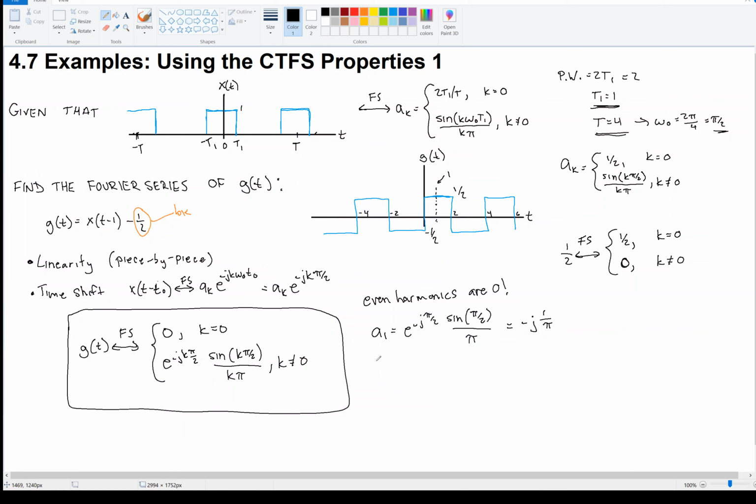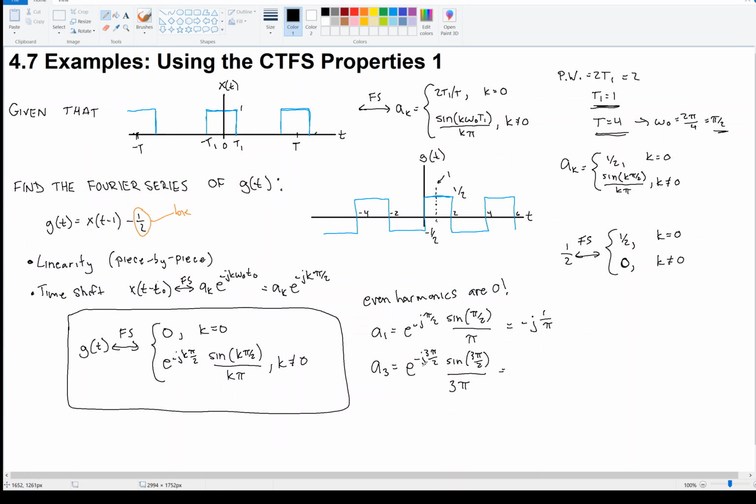And let's just look at A3, just so we have two things that we can compare. For A3, we would plug in 3 for k. So this would be e to the minus j 3 pi over 2 times the sine of 3 pi over 2, over 3 pi, excuse me.